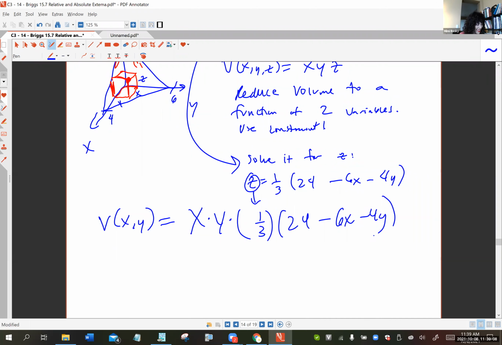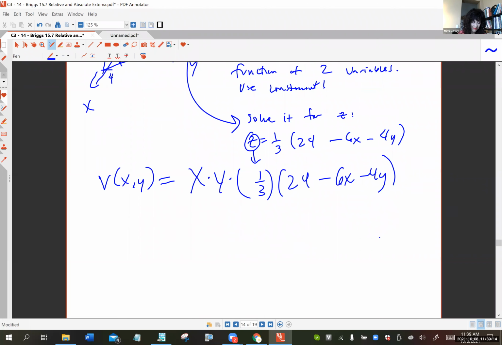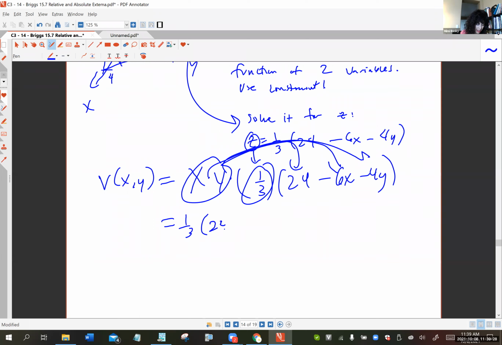Oh man, that's going to kind of suck. So I'm going to leave the 1/3 out in front because I hate fractions, and I'm going to distribute the xy over the parentheses. My volume function after distributing the xy is 1/3 times 24xy minus 6x squared y minus 4xy squared.